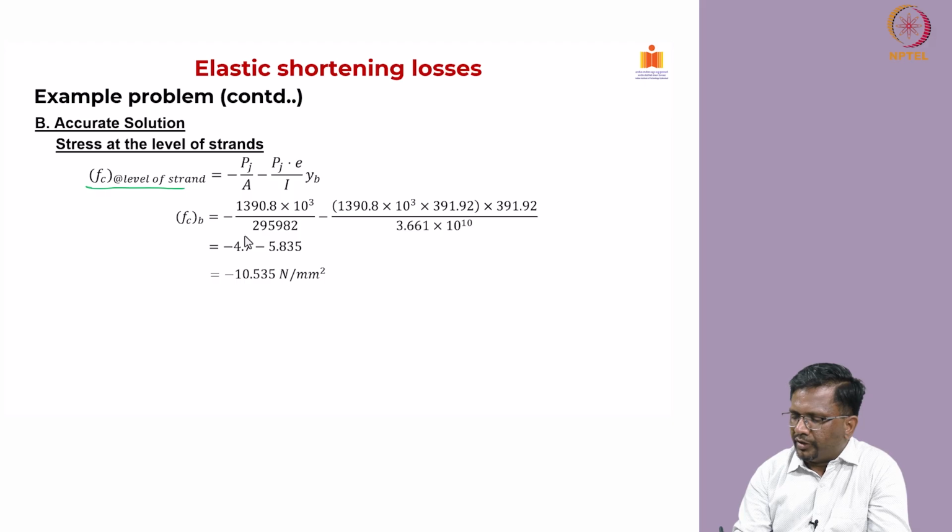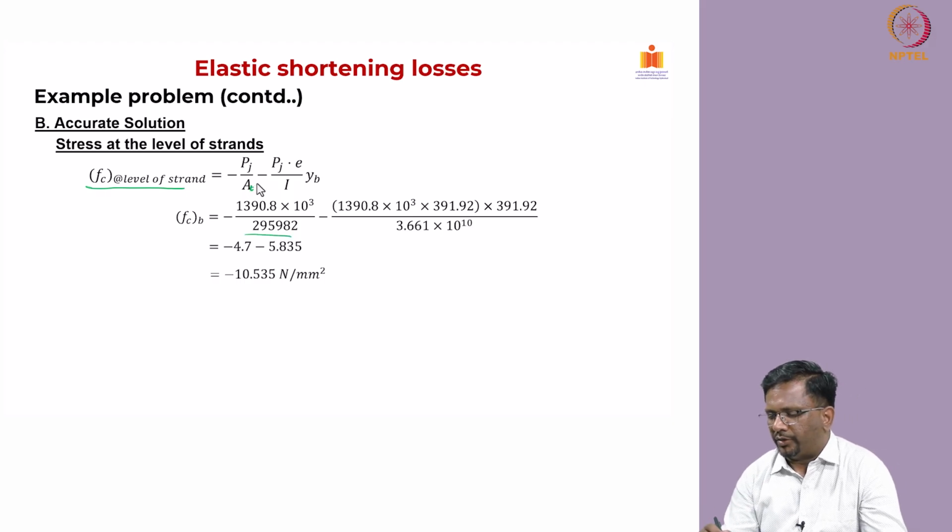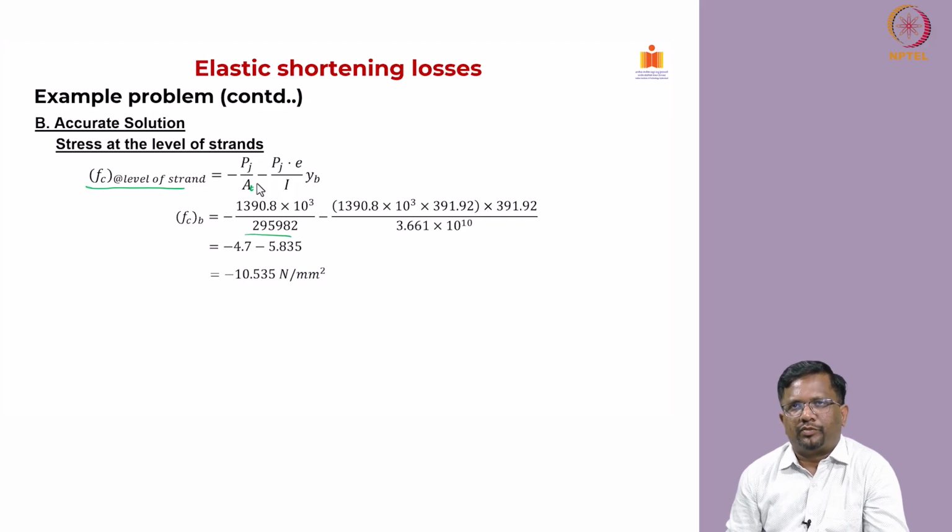Again area also here, it should be actually 80, right. 295,982 and the force remains the same 1390.8, and then the moment due to pre-stressing is this multiplied by eccentricity. So, this eccentricity originally was 400 in the simple calculation, now it is 391.92. So, the difference is not really much, it is about 8.0208 millimeter, which is not much, right.